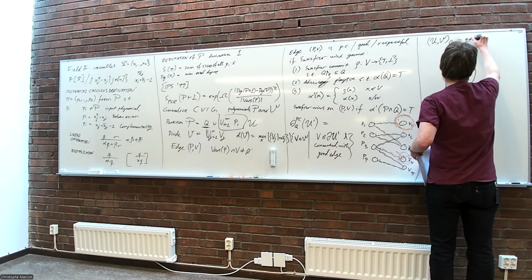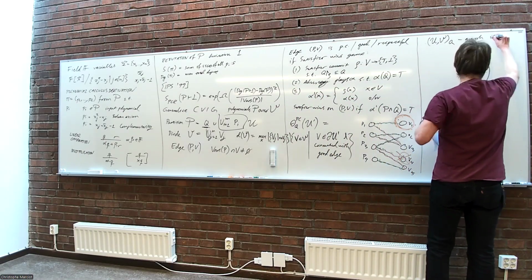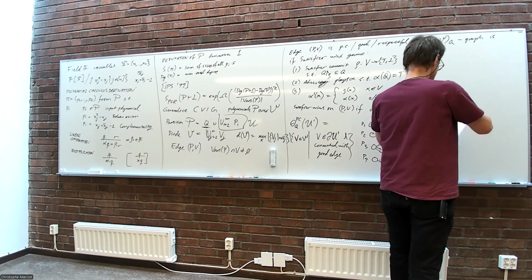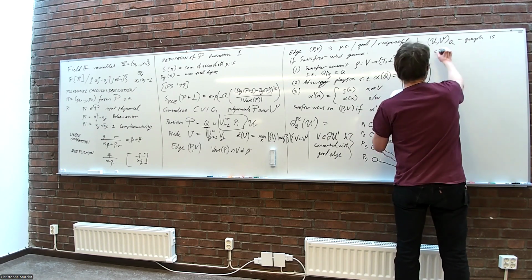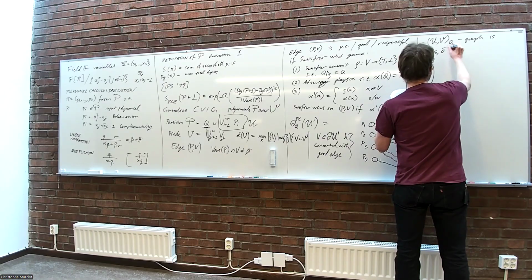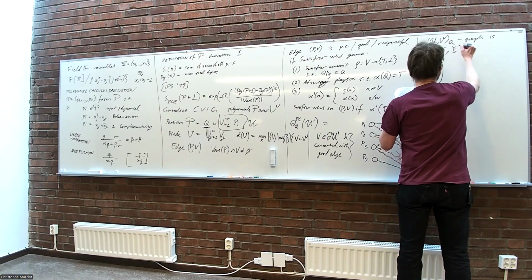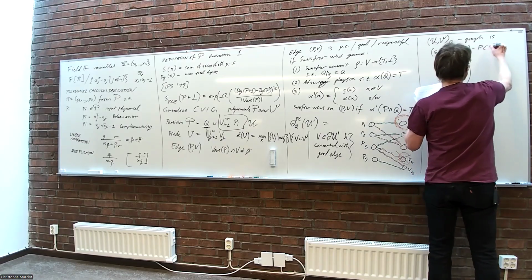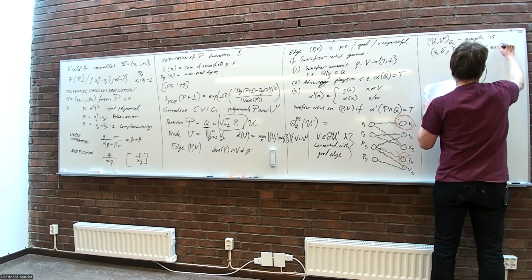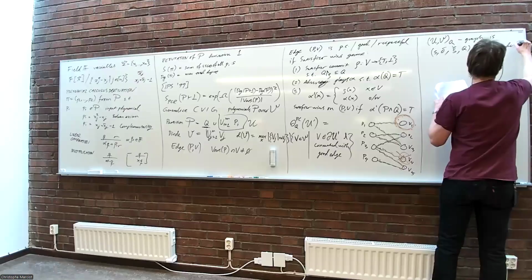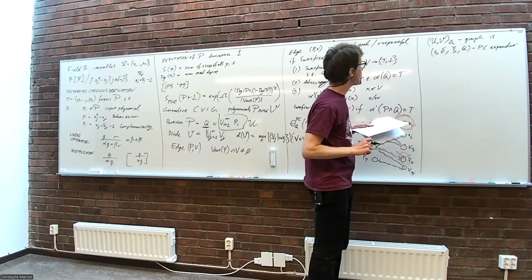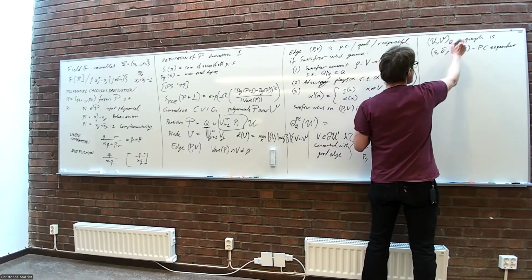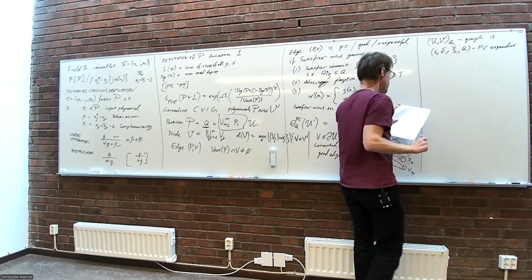Such a graph is an S, delta, psi, Q, let's call it a PC expander. I called it a respectful expander last lecture. And these Q's are the same.